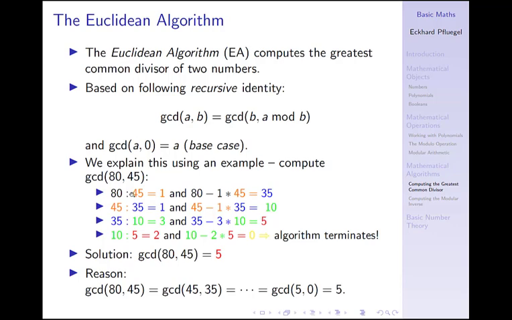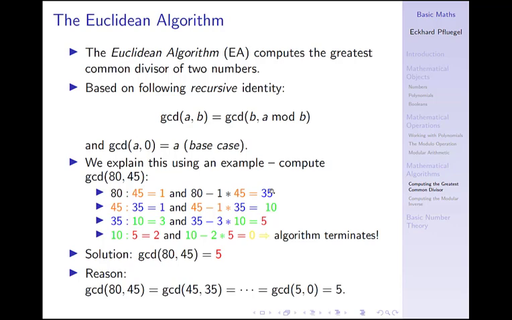So here 80 divided by 45 is clearly 1. And then you need to work out the modulo, the remainder. The best way to do this is to say, all right, then 80 minus 1 times 45. So the 1 is obviously this result here. So 80 minus 1 times 45 is 35. So you're done with the first row, the first step.